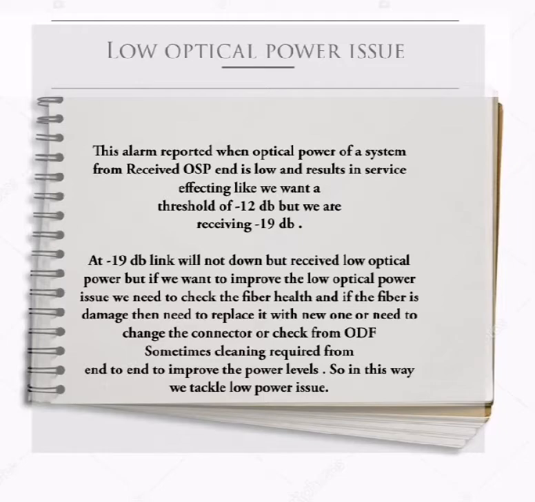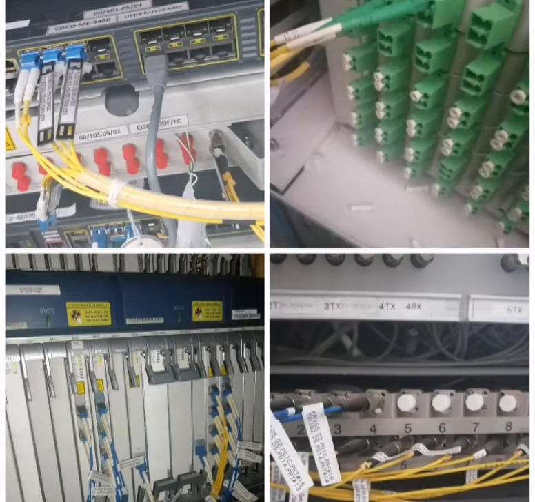So you can improve this power level in such a way: change the couplers, change the connectors as shown in these pictures. Sometimes we also need to change the SFP, because due to a faulty SFP we are getting high loss. So the high loss immediately affects our services. So in order to improve the services or to tackle our low power issue, we need such steps to resolve this low optical alarm issue.